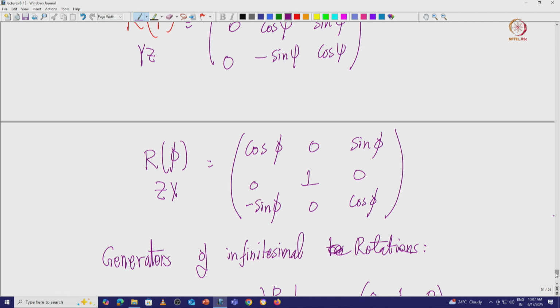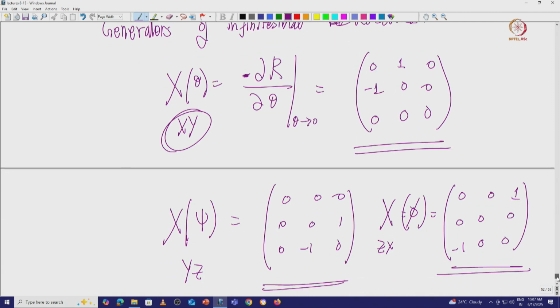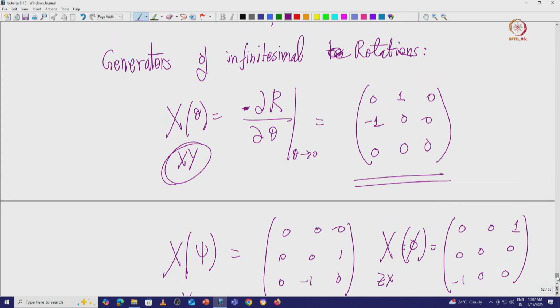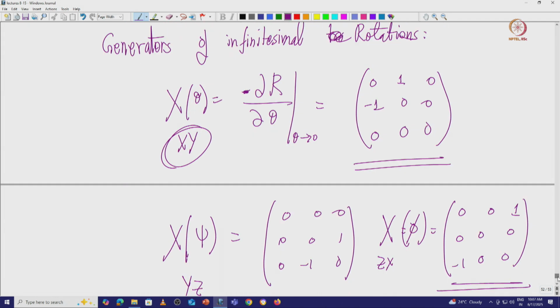Now if we want to understand what infinitesimal rotations are, that means when theta goes to 0, very small rotations, I will tell you why we need it. The generators which we derived at the end of the last class can be derived as the derivative of the R matrices, the derivative of R of theta with respect to theta, in the limit theta goes to 0.